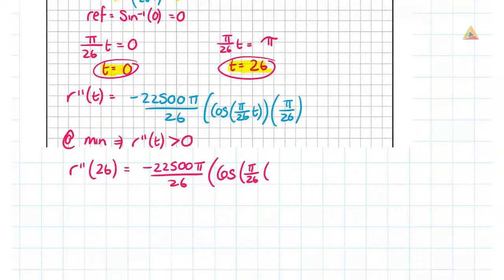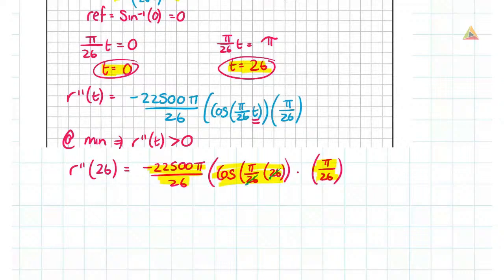So all I'm doing is I'm replacing that t, that's right there, with a pi over 26. It might not be any harm when you're putting this into the calculator, maybe just to do it slightly in a couple of different parts, I suppose. But I suppose if you look here, your 26 on the bottom and the top will cancel, so that might make it a little bit easier. But if you like, put this part in first, then put this part in, and then put this part in at the end.